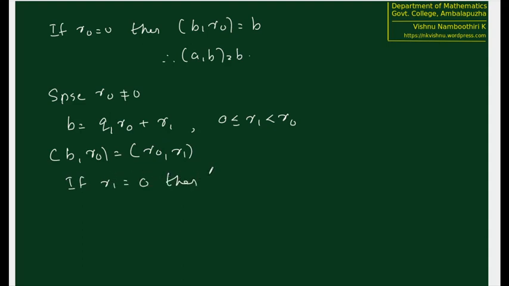Then GCD of R0, R1 will be equal to R0, but GCD of R0, R1 is GCD of B, R0. This is equal to R0, but GCD of B, R0 is GCD of A, B, that's equal to R0. So if R1 is 0, we stop at this particular step and we get the GCD to be equal to R0. Therefore, we are getting the last non-zero remainder.